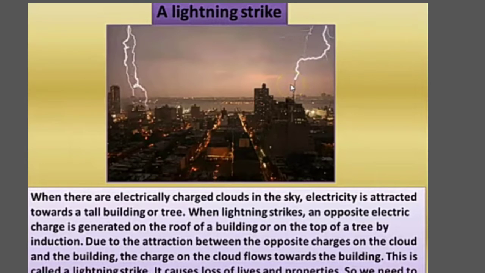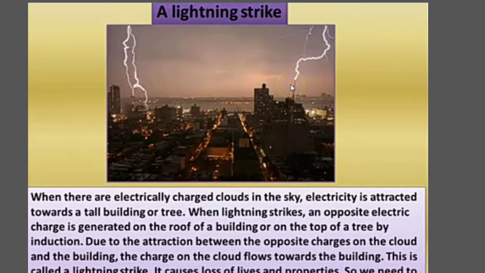You probably know that when there are electrical charges in a cloud in the sky, electricity is attracted towards tall buildings or a tree. When lightning strikes, an opposite electric charge is generated on the roof of a building or on the top of a tree by induction.